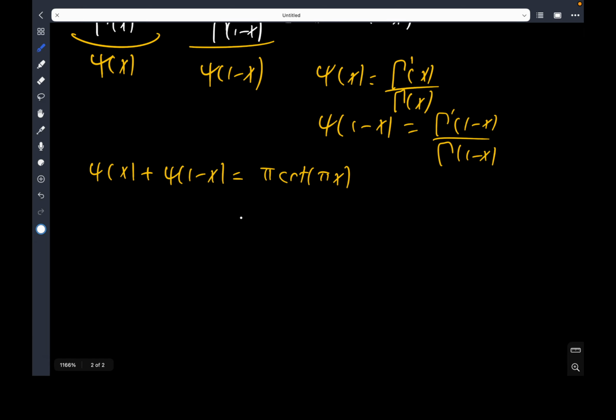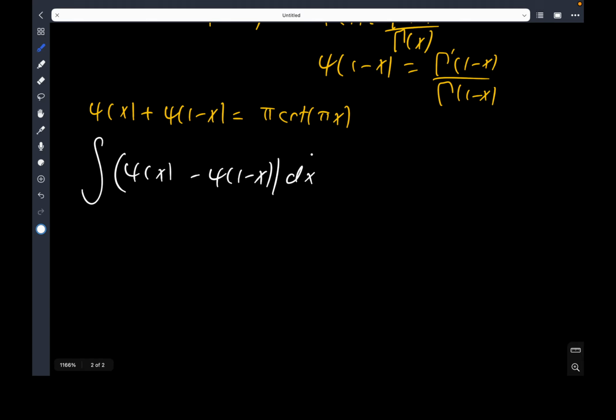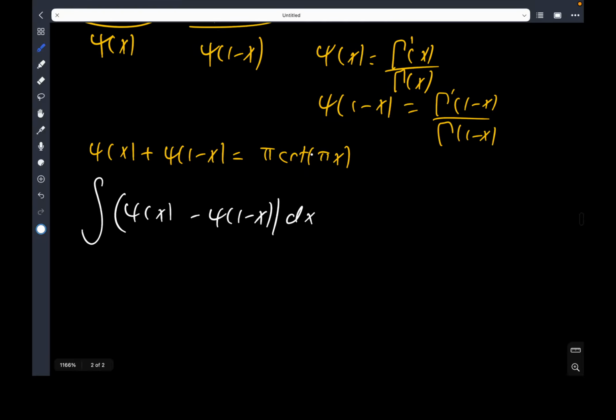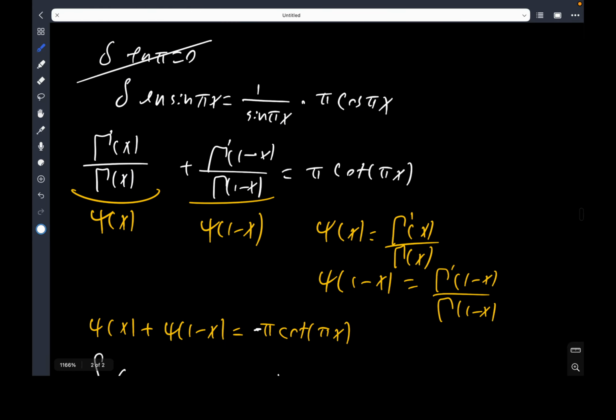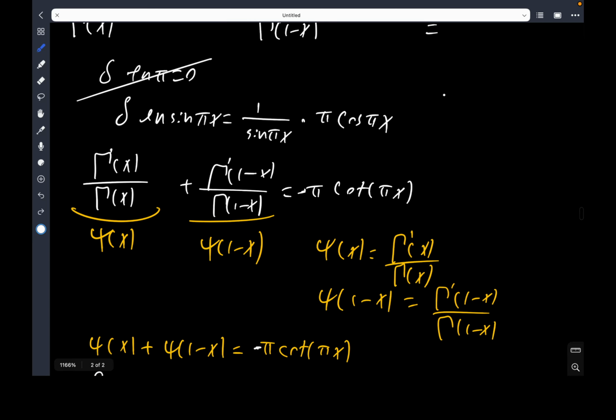And our integral, psi of x minus psi of 1 minus x dx, would then... sorry, this was supposed to be negative pi. I forgot a negative here because there was a negative here.